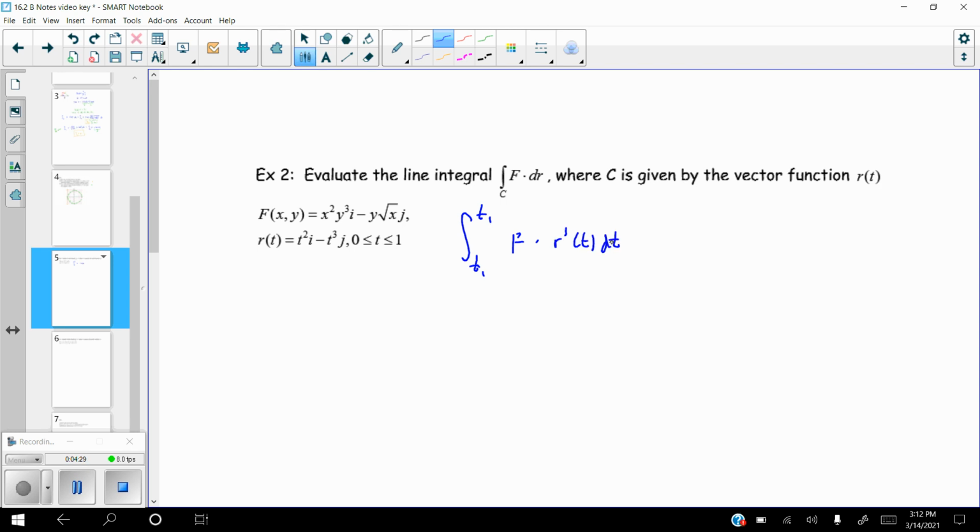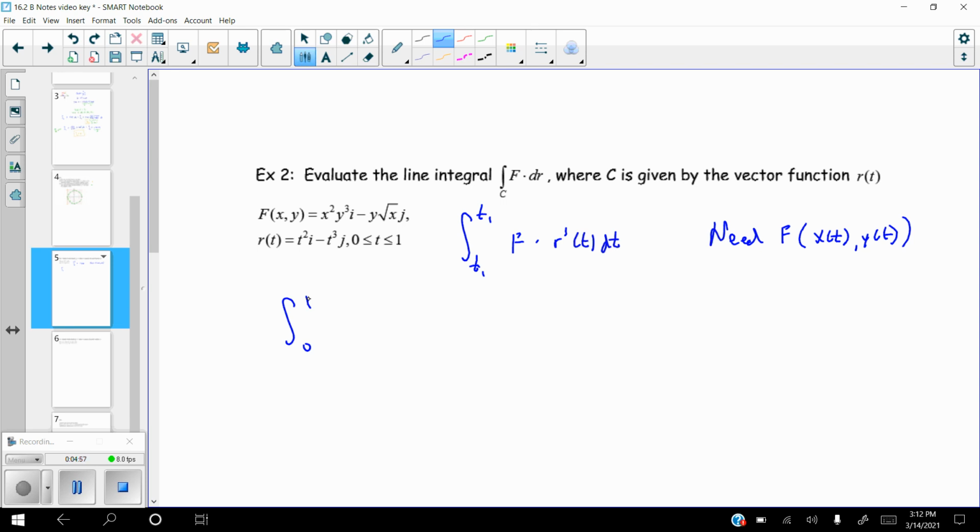Remember, r prime of t dt is dr. What do we need? We need our force parameterized at x of t, y of t, z of t, but there's no z here, so it's two-dimensional. So we'll just go with F of x of t, y of t. It tells us that t goes from 0 to 1. That's nice. We don't have to figure that out.